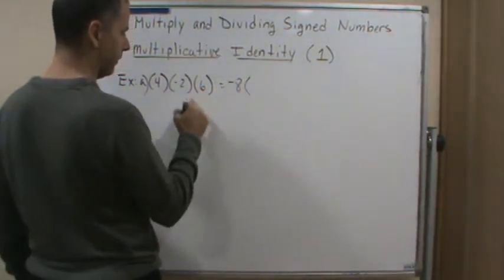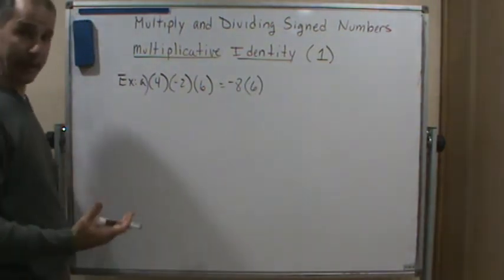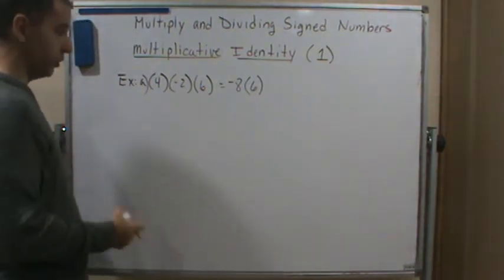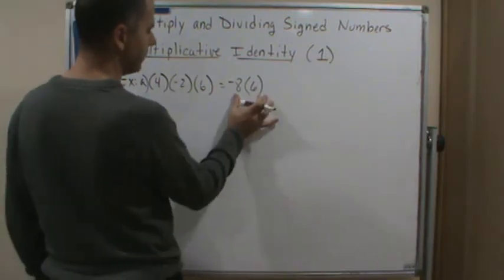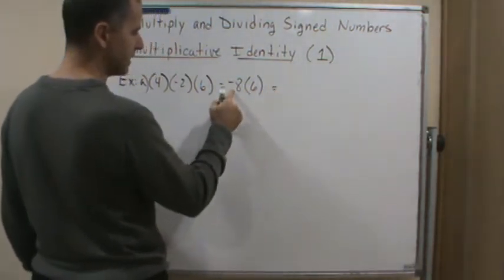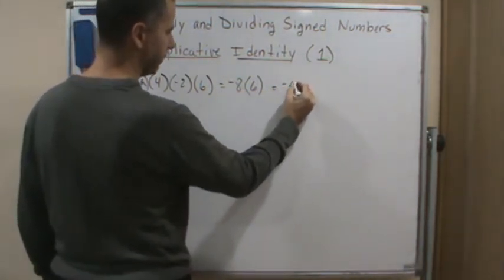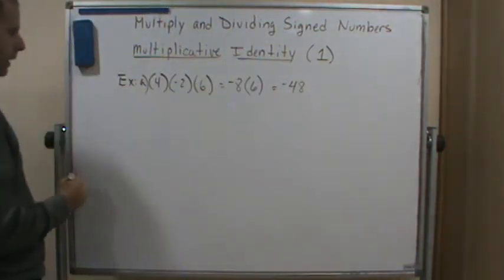And then we get negative 8 times 6. Again, this is a binary operation, so you can only multiply 2 numbers at a time. So now we do the same thing. 6 times 8 is 48, but since they have opposite signs, it's going to be negative 48.